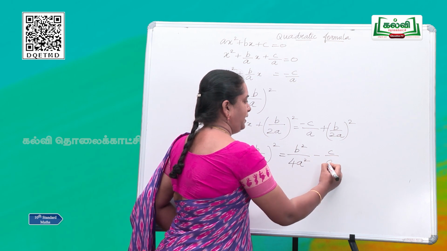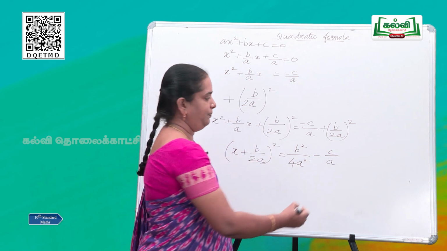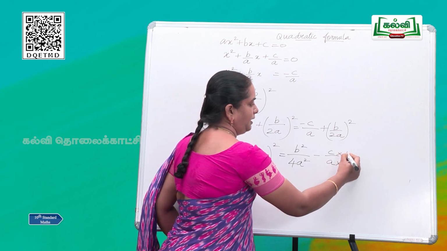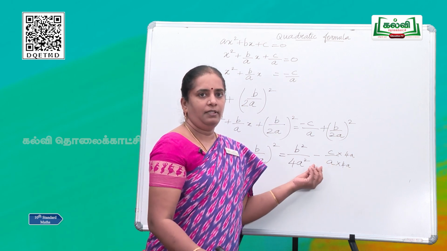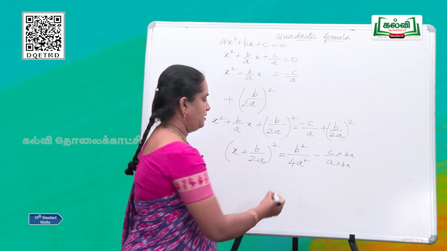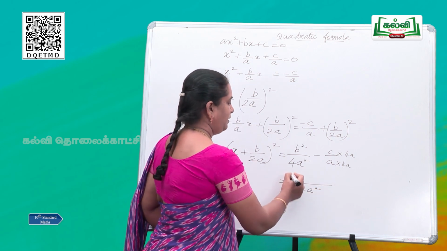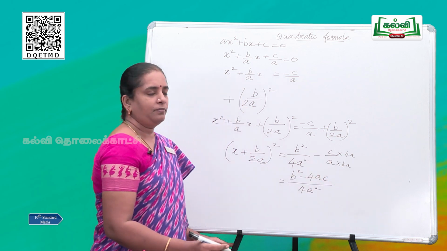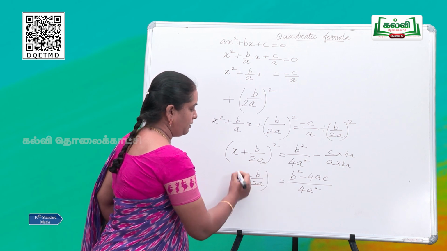Here this is c by a. Taking LCM, 4a square is our LCM. Multiply both the denominator and the numerator by 4a to make it a common denominator. So, it becomes 4a square in the denominator and we have b square minus 4ac. So, this is our x plus b by 2a the whole square.